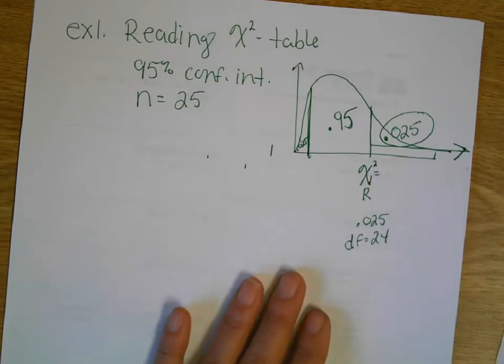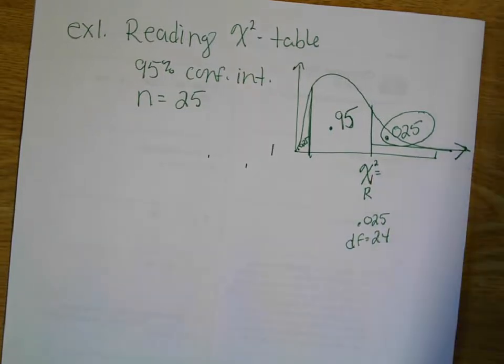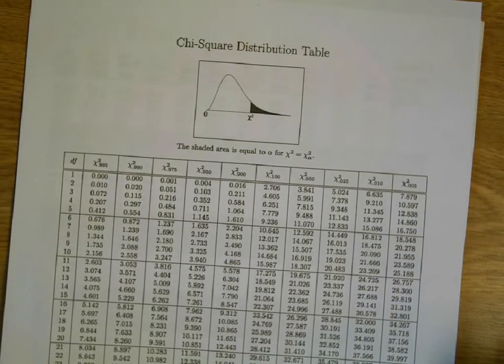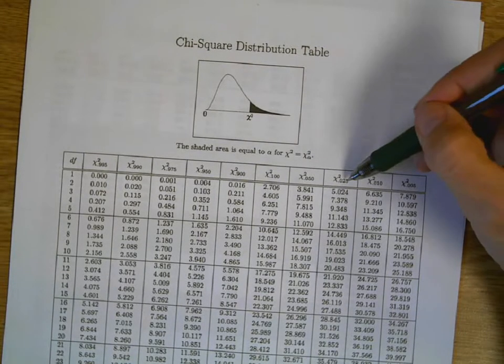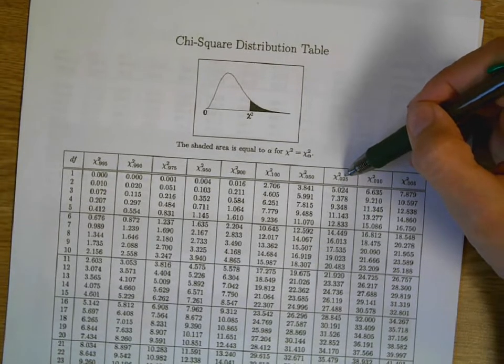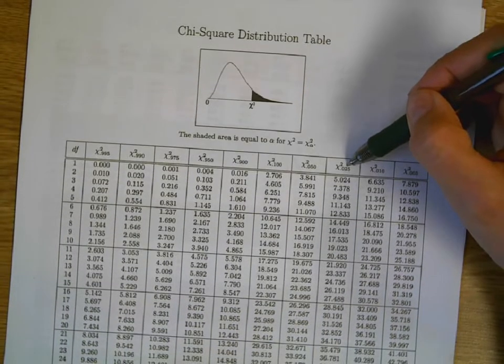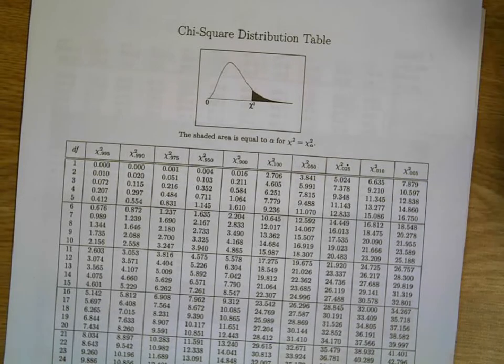So grab your chi-square table. If you look, we want 0.025, and I see that right here, the chi-square for 0.025 and 24, 39.364.